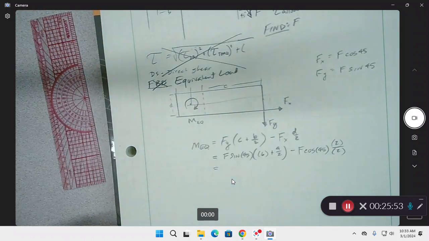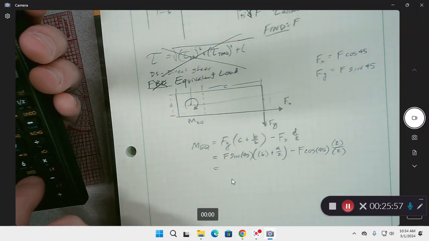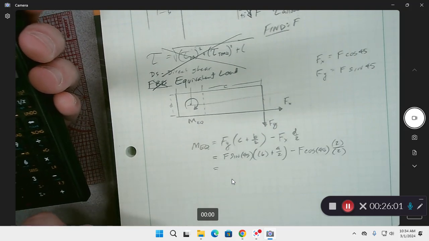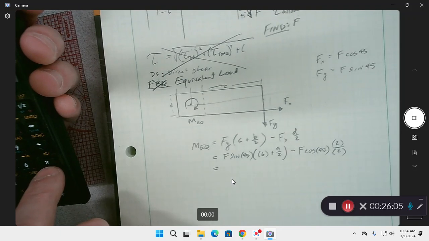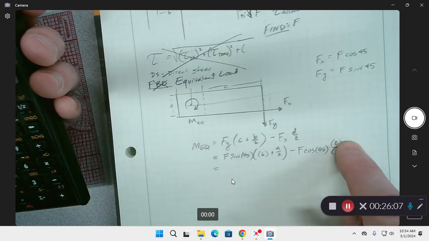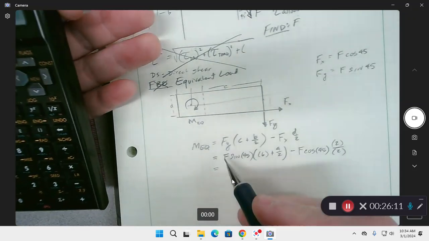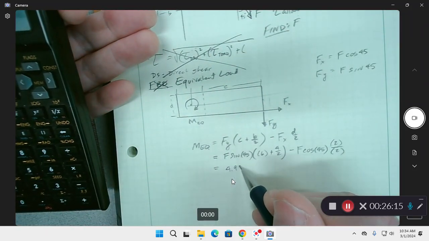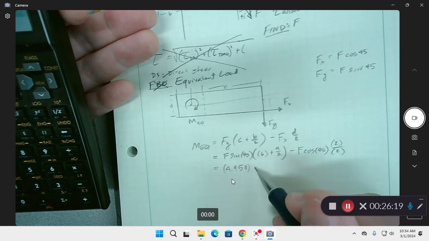So we can get what the equivalent is going to be. So 6 plus 2, I could have done that in my head. Kind of silly. Sine, I know, I could have. And then minus the cosine of 45. What we're left with is like 4.95, really, times F.